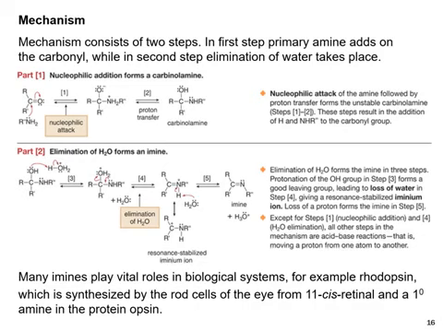Many imines play vital roles in biological systems. For example, rhodopsin is synthesized by the rod cells of the eye from 11-cis retinal and a primary amine in the protein opsin.